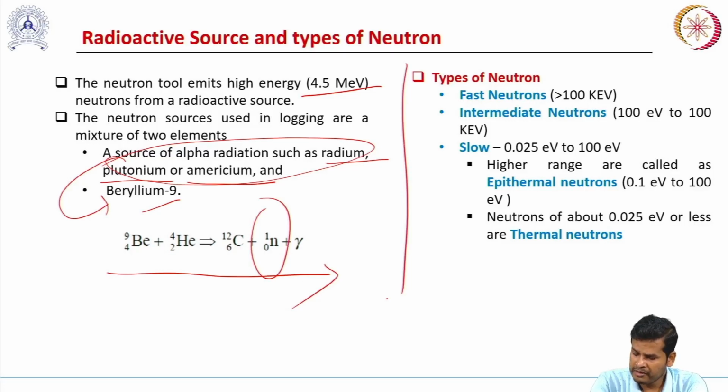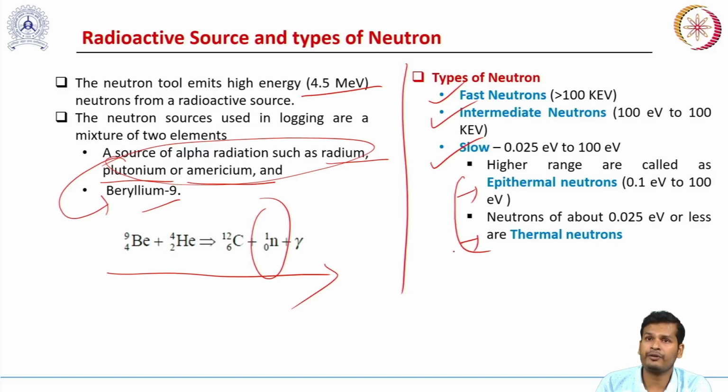So what types of neutron do we have? Neutrons can be classified as fast, intermediate, and slow neutrons, and slow neutrons can further be classified into epithermal and thermal neutrons. If a neutron has energy greater than 100 kilo electron volt, it is termed a fast neutron. Intermediate neutrons have energy from 100 electron volt to 100 kilo electron volt.